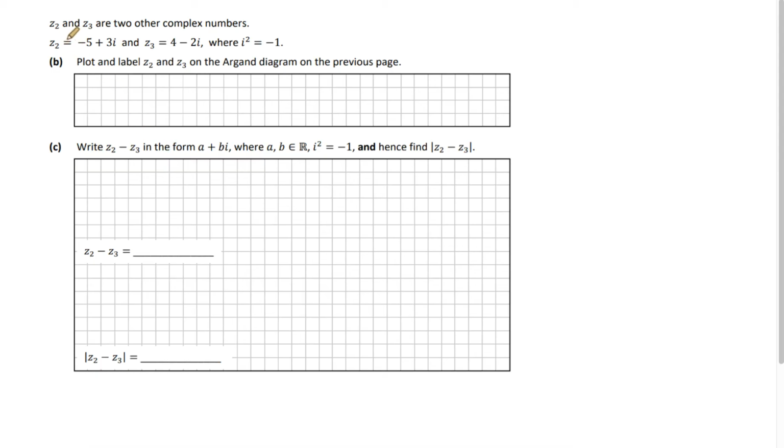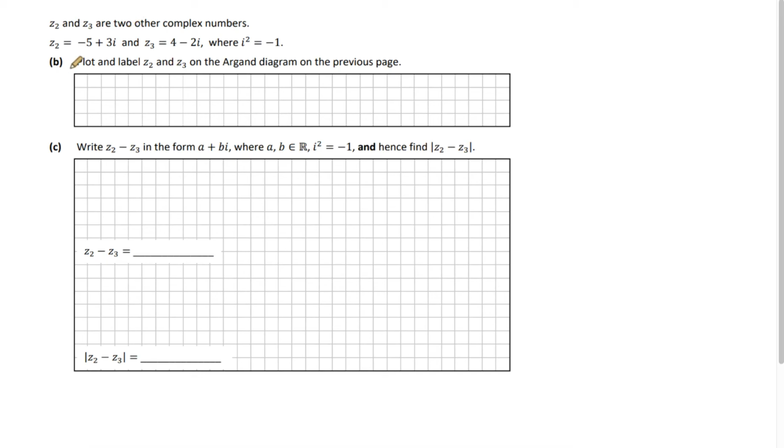It then tells us Z2 and Z3 are two other complex numbers. Z2 is minus 5 plus 3i, and Z3 is 4 minus 2i, where i squared is equal to negative 1. Part B asks us to plot and label Z2 and Z3 on the Argand diagram on the previous page.